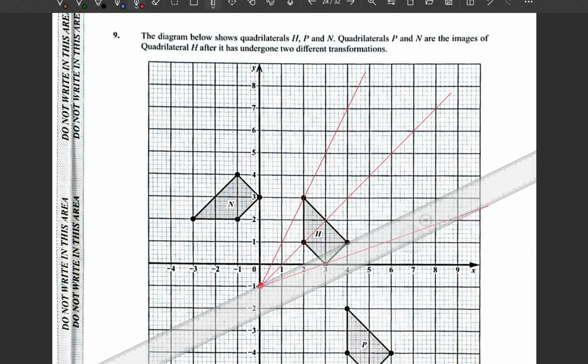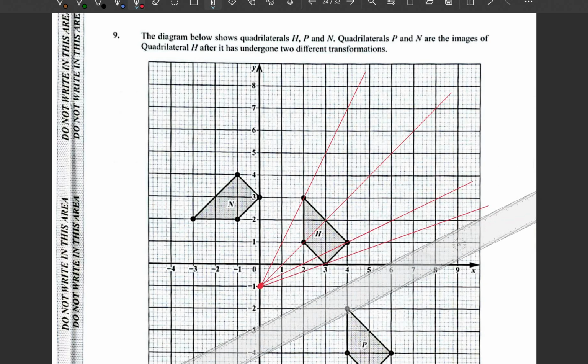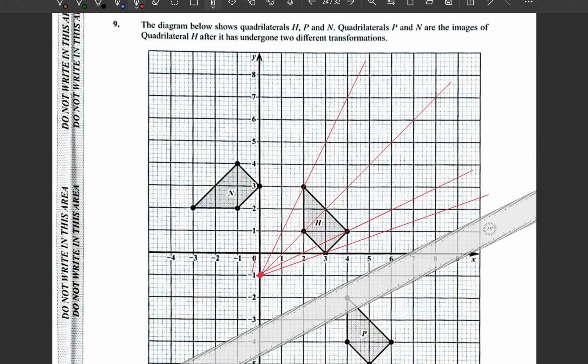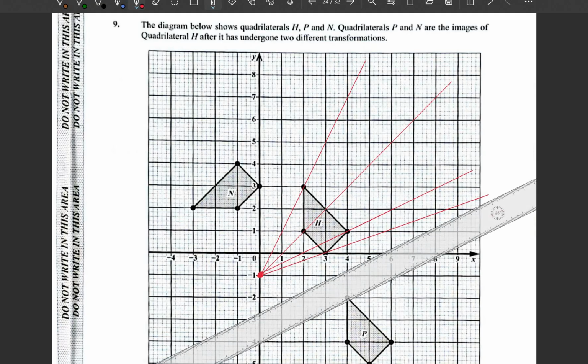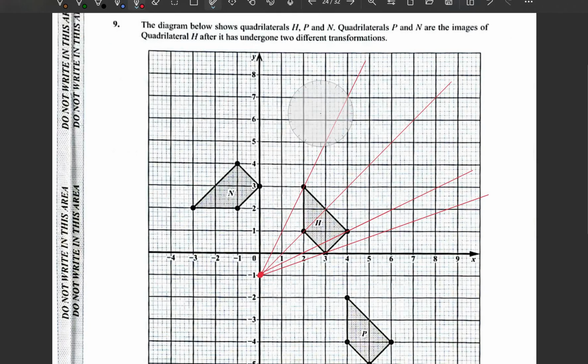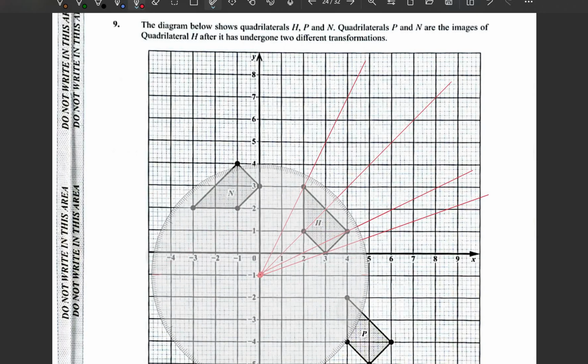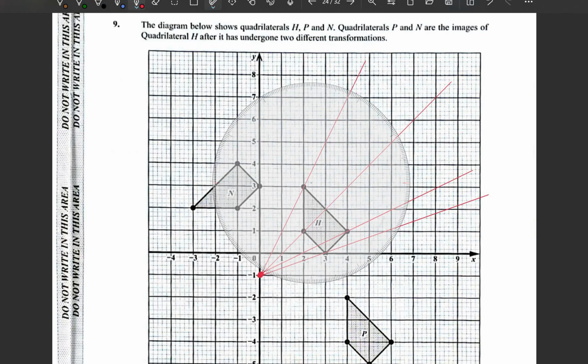Now the image would be the same distance away, so this distance from the center to this point would be the same distance from our object point to our image point. So let's deduce that using our protractor. So we would maintain the length. Let's do that. Put the center there. Our arc needs to be the same distance away.